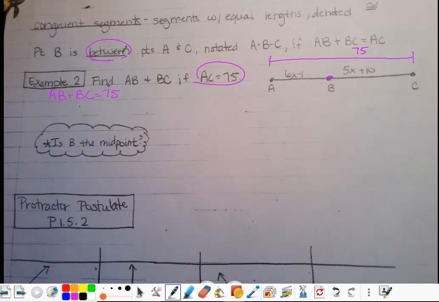So what's AB? 6x minus 1. Plus, what's the value of BC? 5x plus 10. I'm going to put parentheses around it so we can see it: plus 5x plus 10 equals 75.